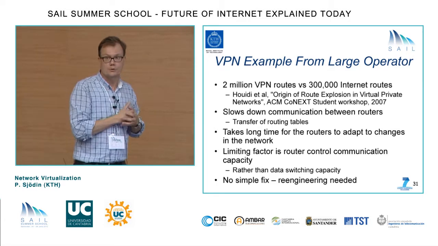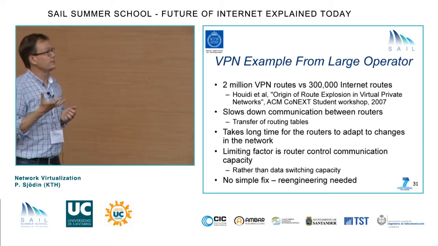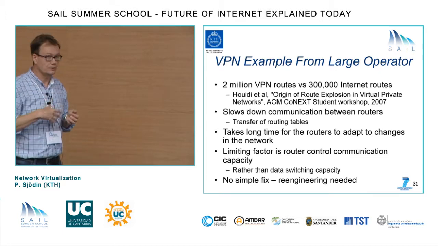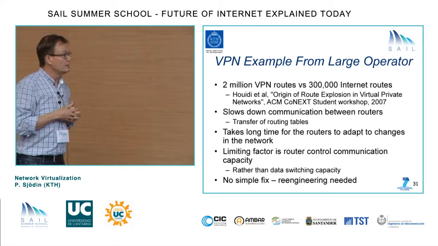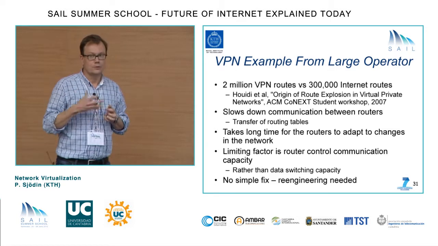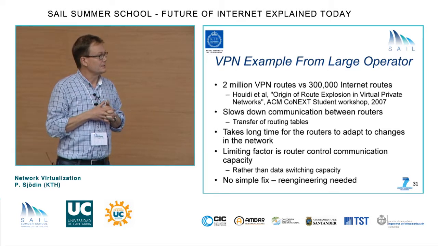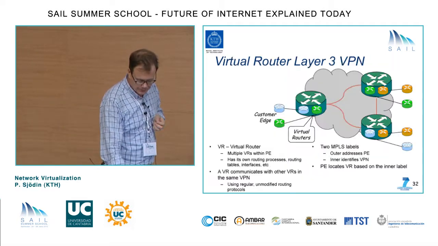But those protocols also have a kind of behavior that is not really dimensioned or intended for this kind of communication. So it turns out that this actually becomes a bottleneck for some providers in the networks. And this is an area where there are really no simple fixes. So in order to get around this, some re-engineering efforts are needed, whatever that might be.